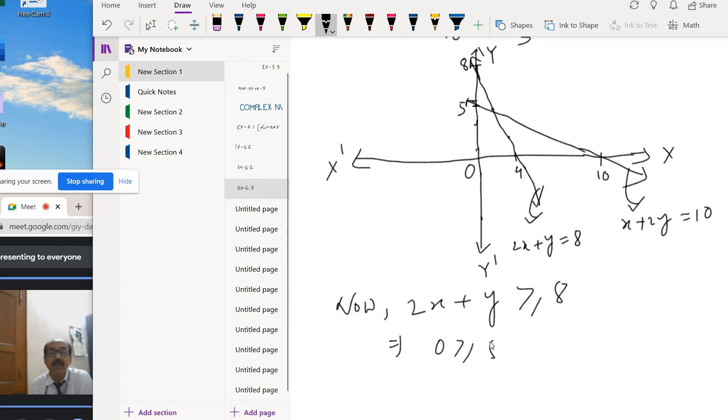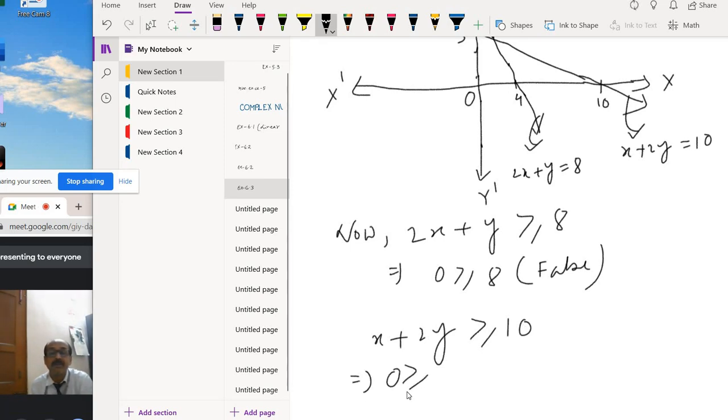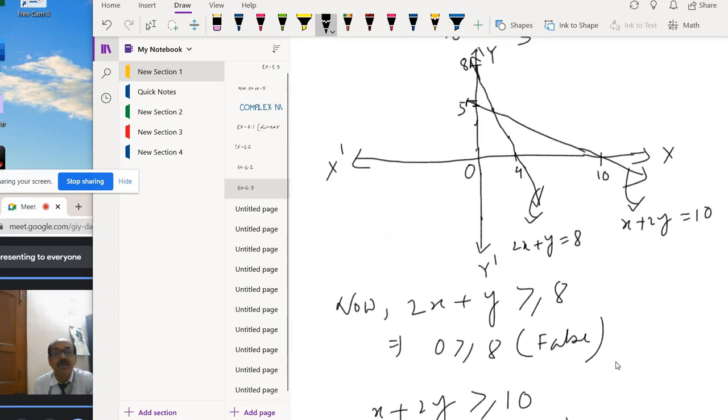And the other equation is x plus 2y greater than or equal to 10. 0 is greater than or equal to 10, which is false. So for both the lines, the direction is away from the origin.